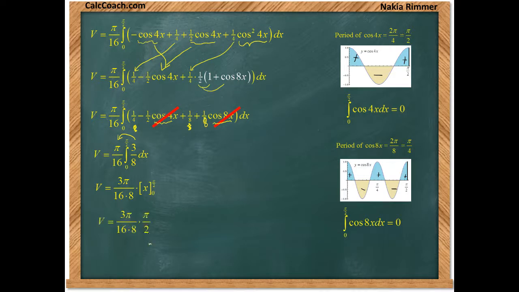So we just get pi over 2. And then last step would be, well, I'm looking at 16 and another 16. 16 squared is 256. And so we'll have 3 pi squared over 256 is our final answer.